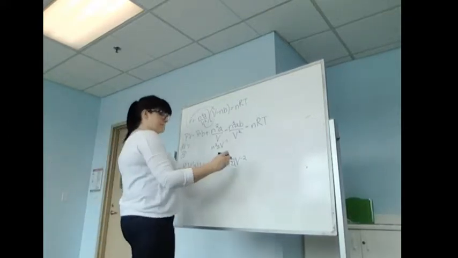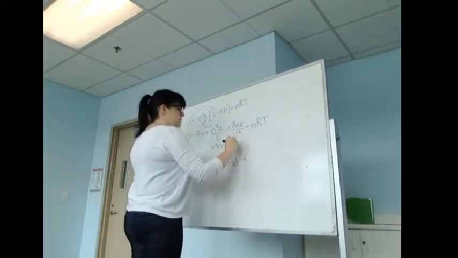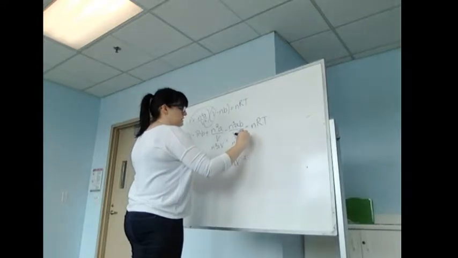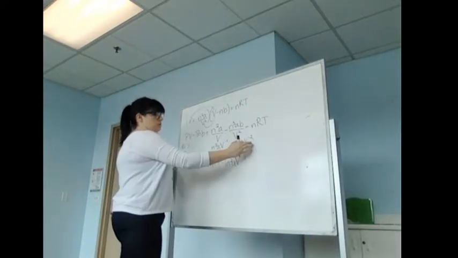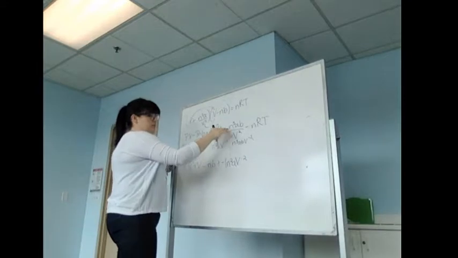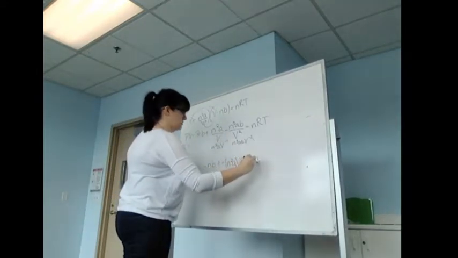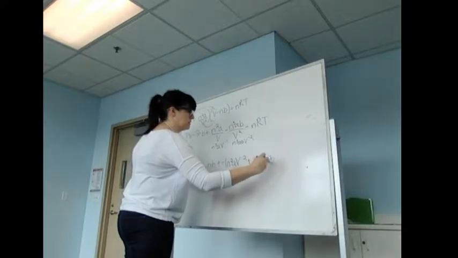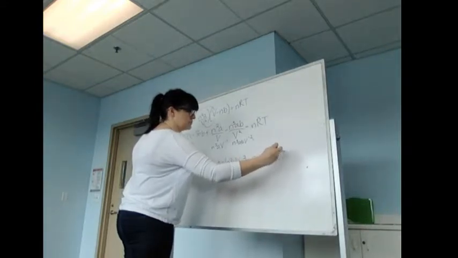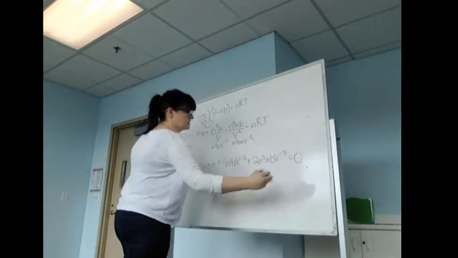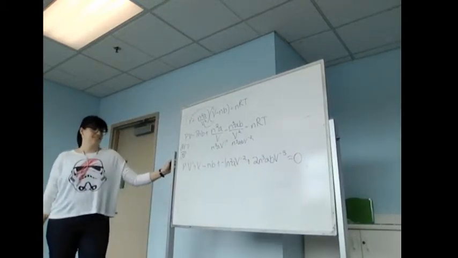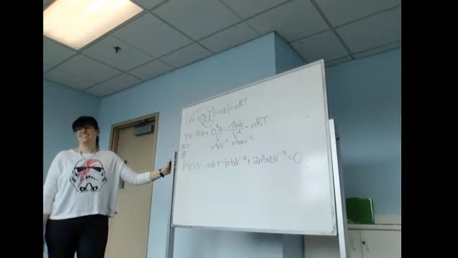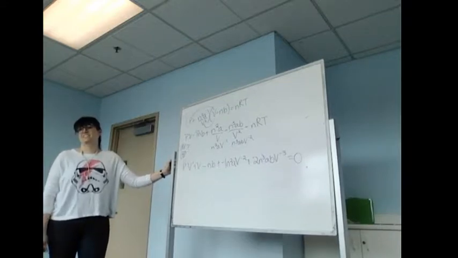And then n cubed ab V to the negative 2, so we bring the negative 2 in front and it becomes a positive: plus 2n cubed ab V to the negative 3, equals 0.